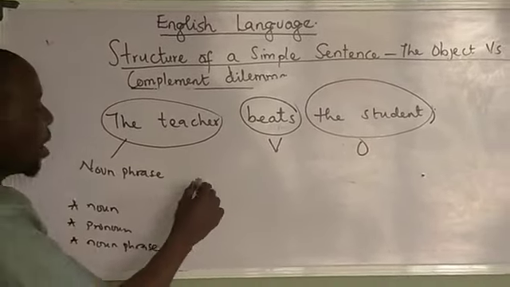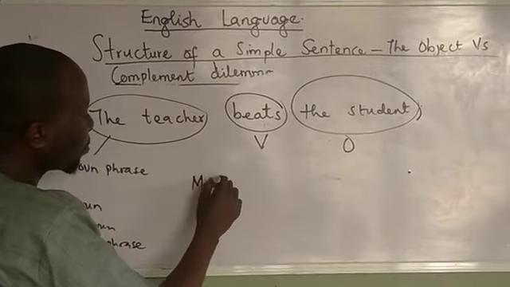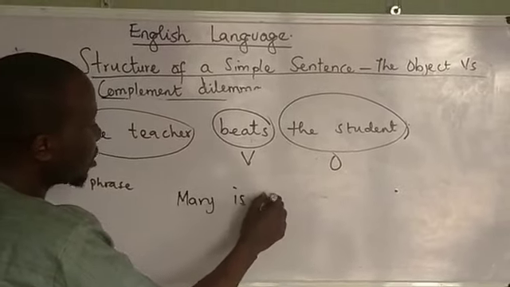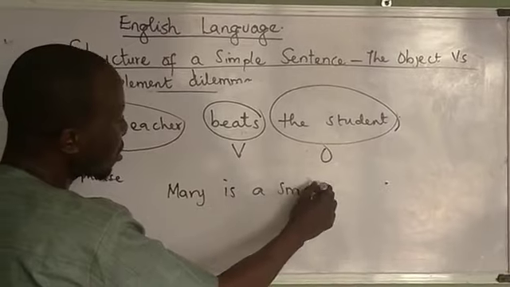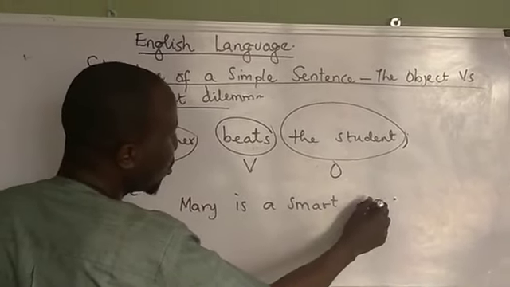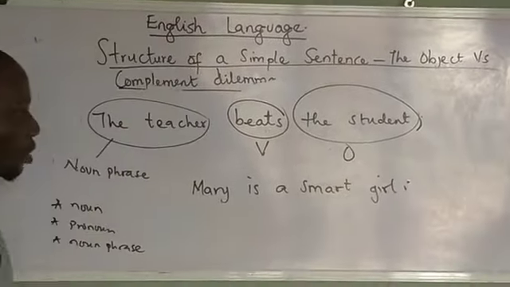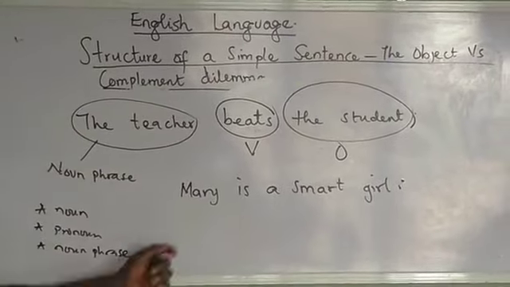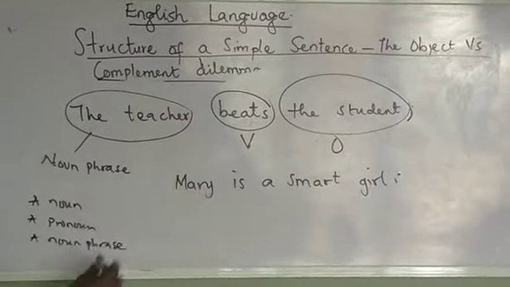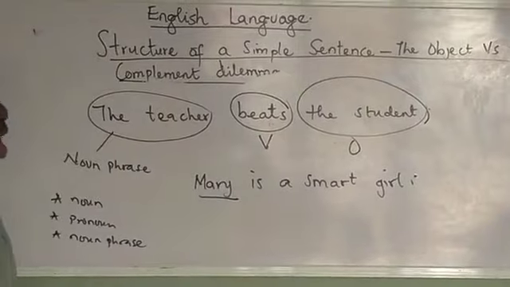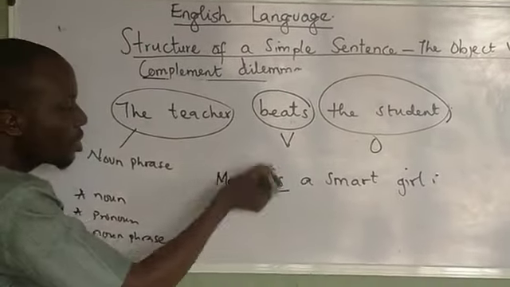But if we say Mary is a smart girl, what is the subject here? Mary. What is our verb? Is.